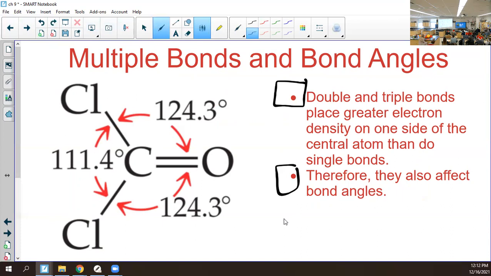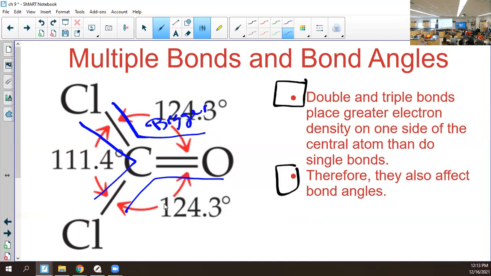Okay, you do not have to have these memorized, but you would need to know that in a double bond, this angle here would be bigger than normal, and this angle here would be smaller than normal. So the angle where the doubles are is bigger, and the angle where it's not is smaller. Now, you don't have to know what they are.